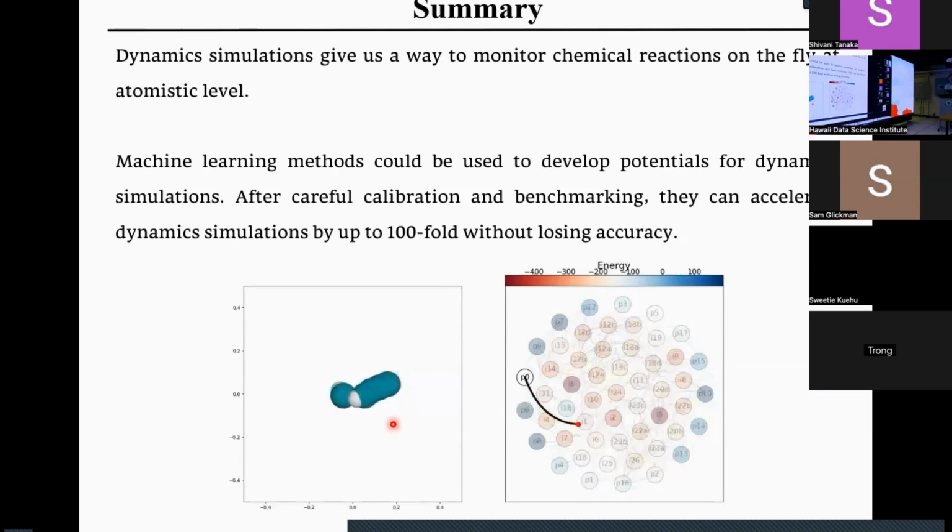It's only useful after careful calibration and benchmarking, right? They can accelerate this type of study without losing accuracy. Unfortunately, there are too many people in the field just happy with any result, right? You run some calculation, you get some result, you report it, whether it's good or not, who knows?